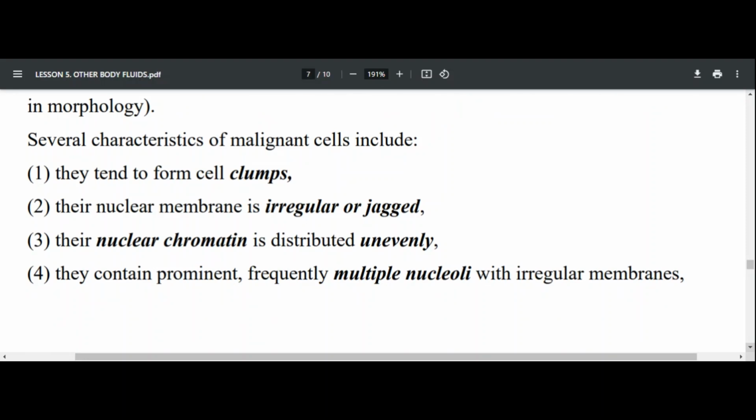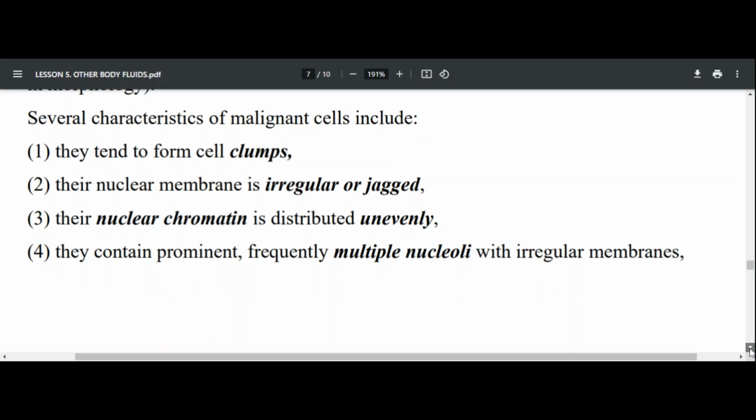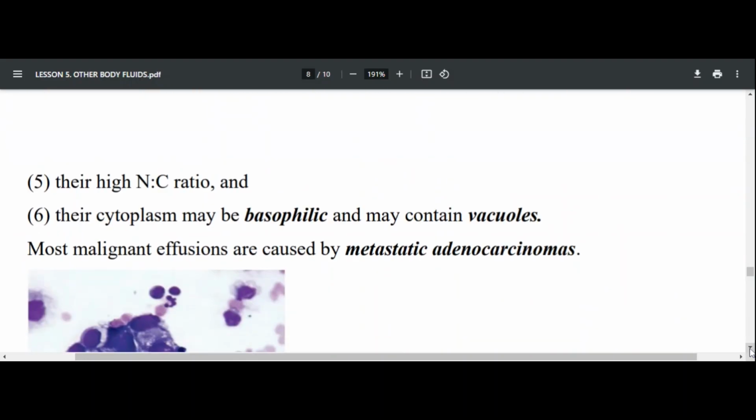They really exhibit significant irregularities. A high nuclear cytoplasmic ratio can also be another feature, and the cytoplasm may be basophilic and may contain vacuoles. So those are different malignant cells or metastatic adenocarcinomas.